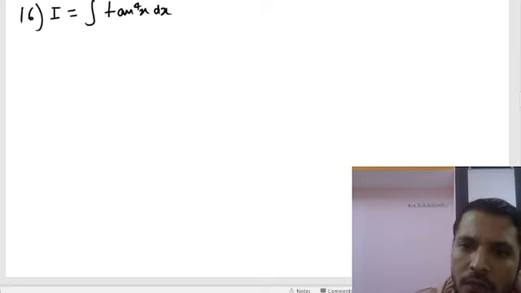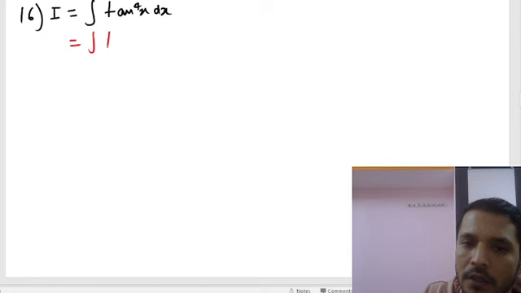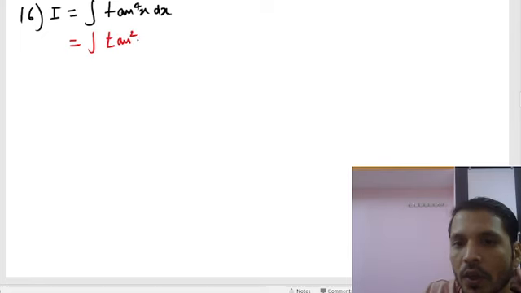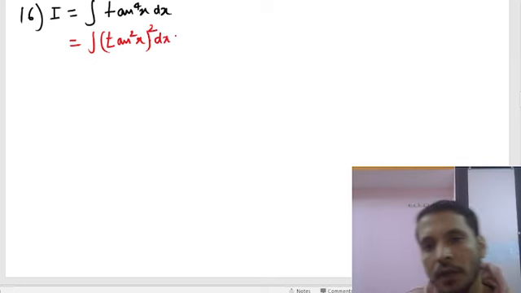We can write it as tan square x, and then again one more tan square x, or we can say it is (tan square x) whole square into dx, right?